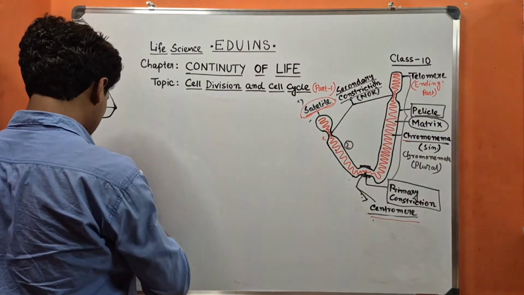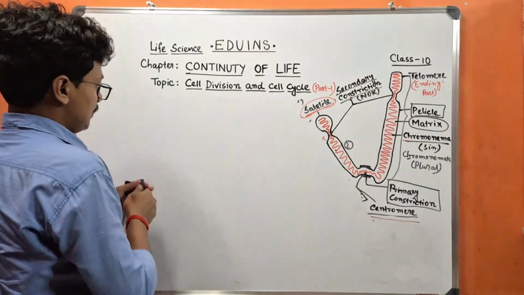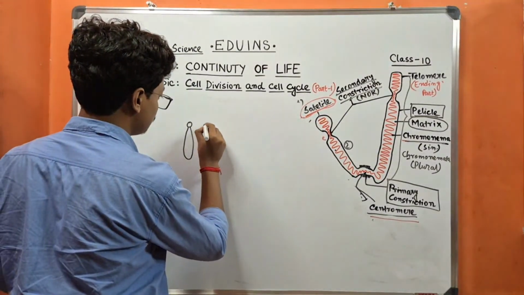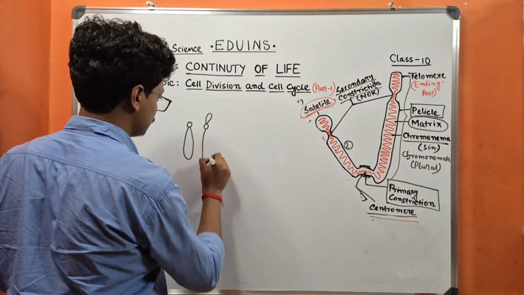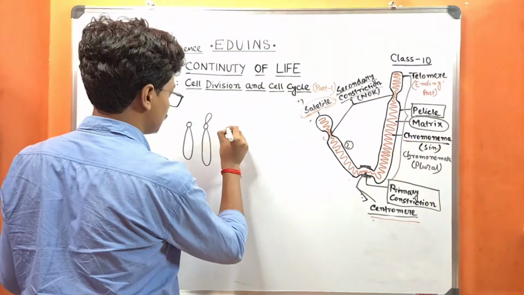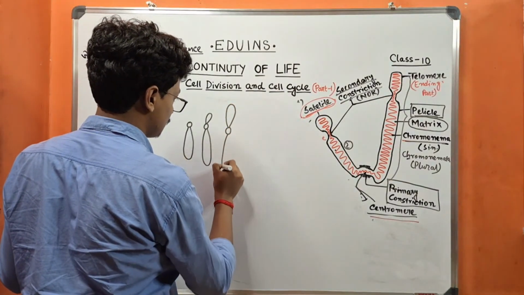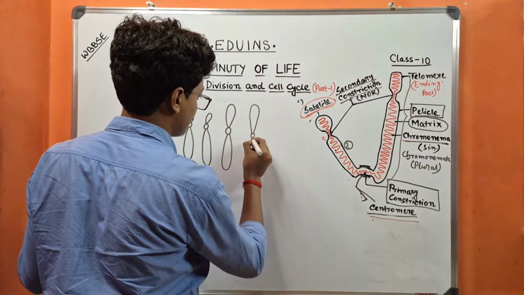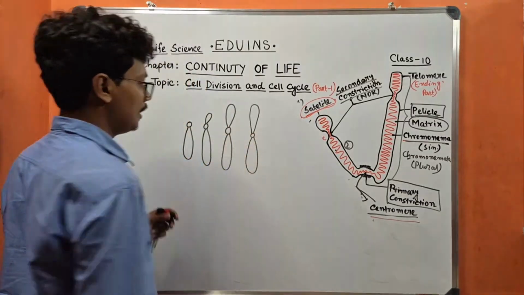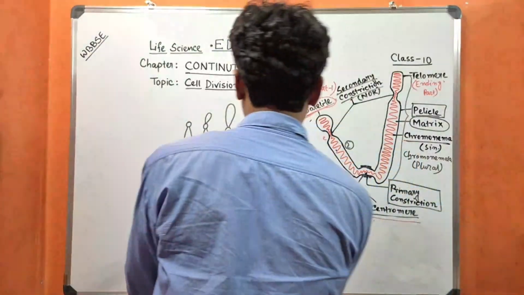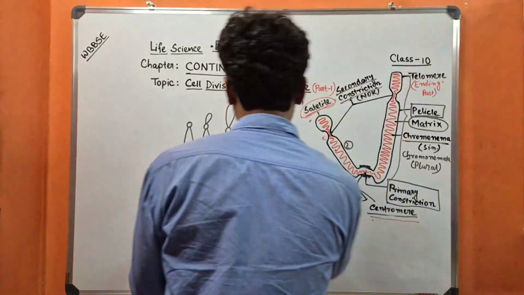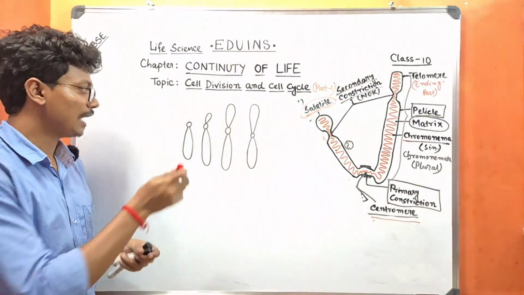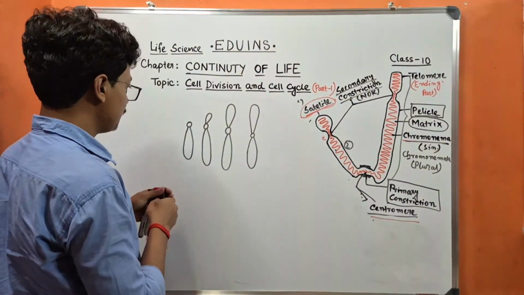So there are mainly 4 types: number 1, number 2, number 3, and number 4. So there are 4 types according to the location of the centromere.